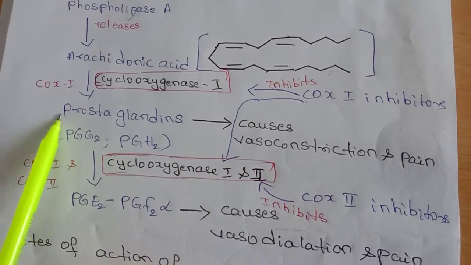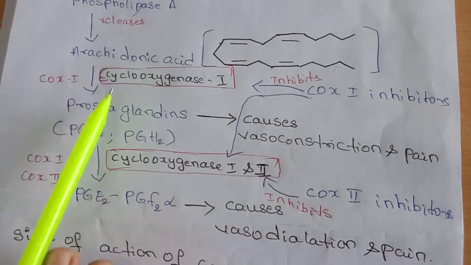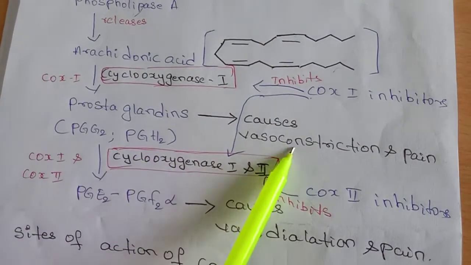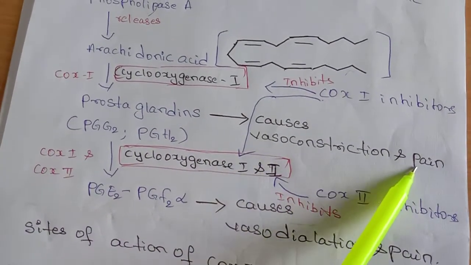These prostaglandins, synthesized from arachidonic acid, cause vasoconstriction and pain.